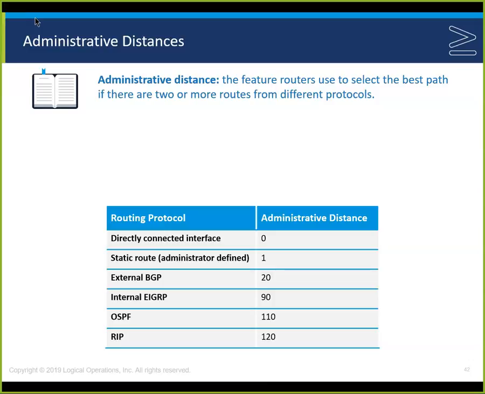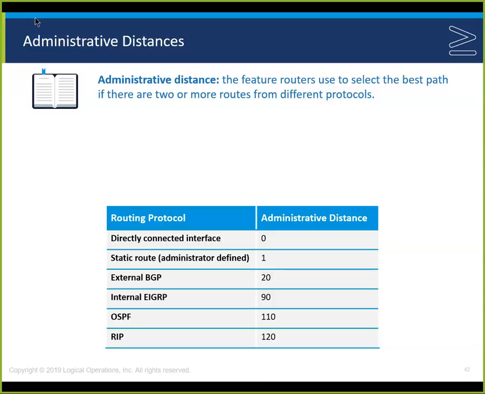If it's directly connected, it's really hard to make a mistake unless we type the IP address in wrong. The static route, the IP route where we put in our own route, except for the default route, is going to have an administrative distance of 1, which is the second most trustworthy.